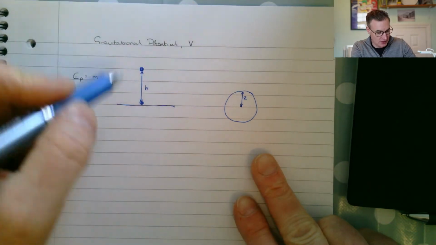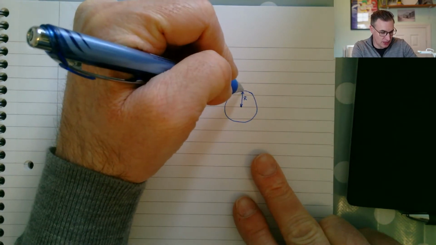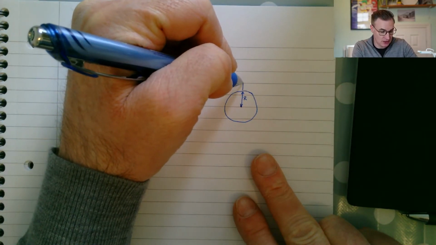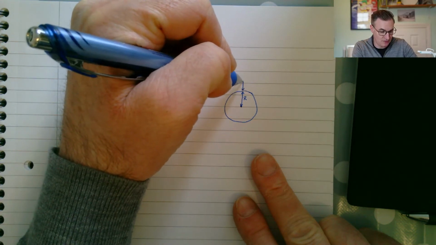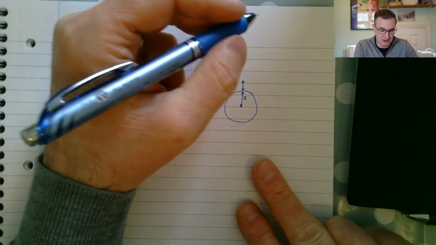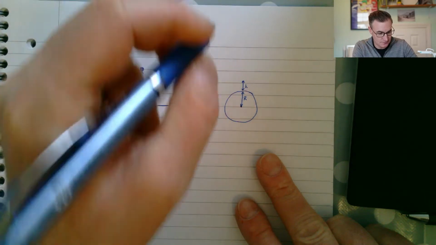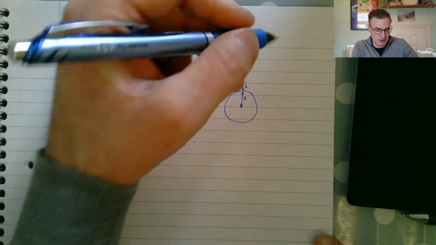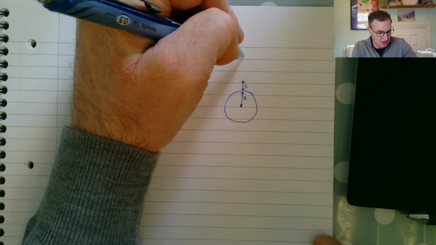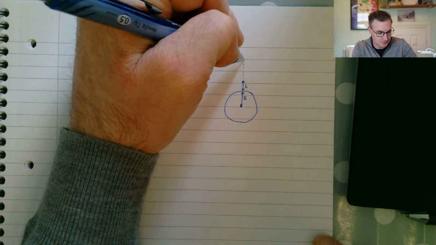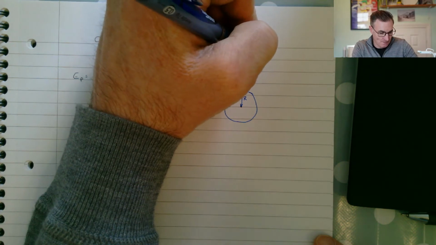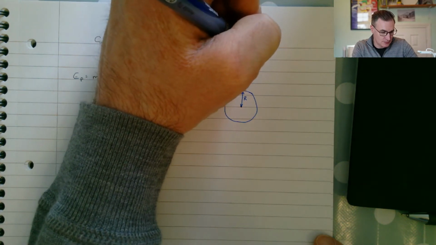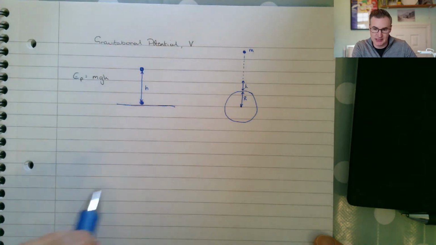So if we take this case and we raise it up to a certain height above the surface of the Earth, like this, that's fine, but it becomes a problem if we take this and we raise it up to a height there. So this is our mass m.